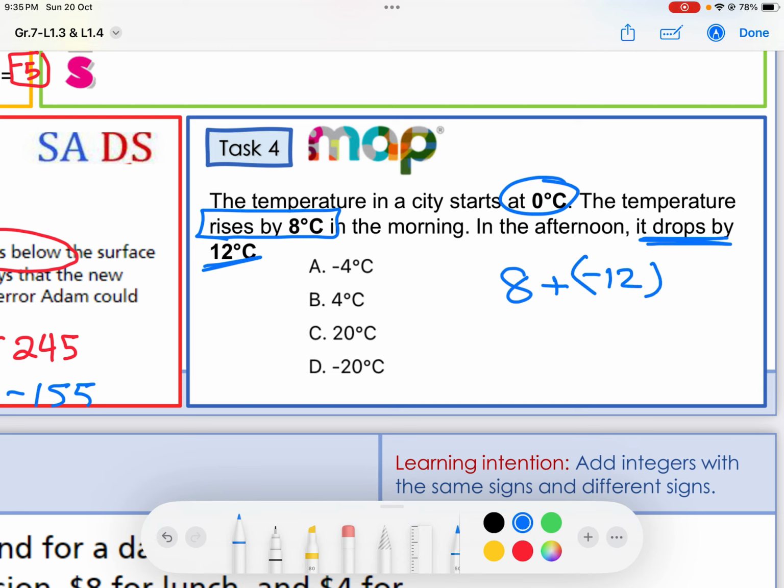So what will be the new temperature? As you can see, I have different signs. What do we do? Different, subtract. So 12 minus 8 is equal to 4, and the sign will be negative because 12 is larger. So my answer will be A.